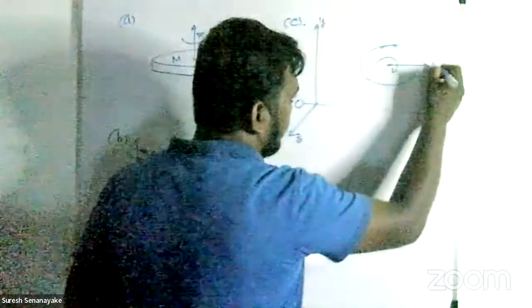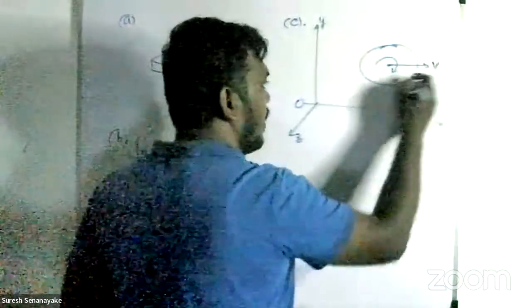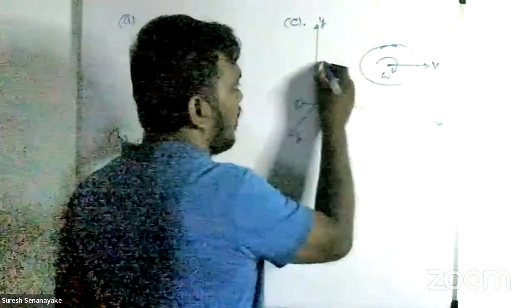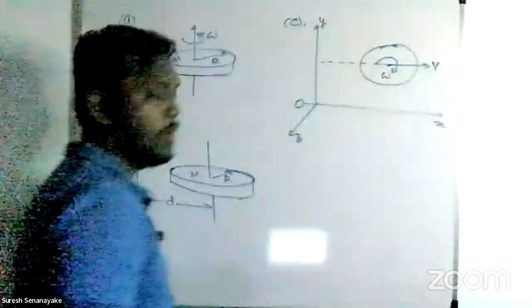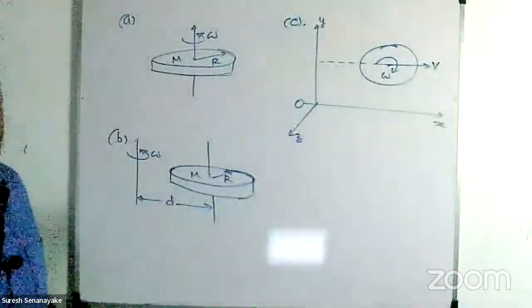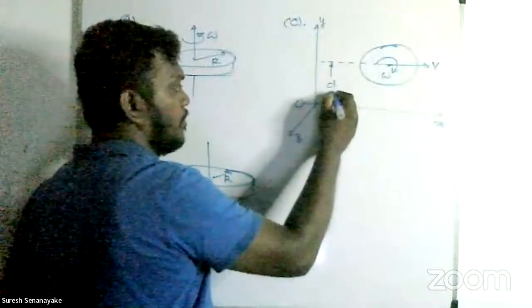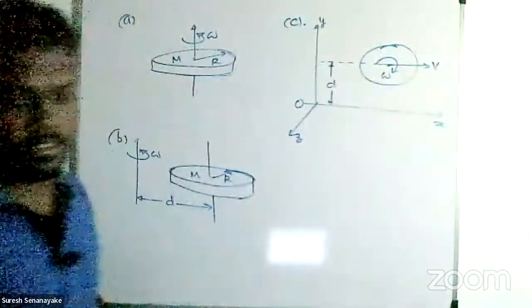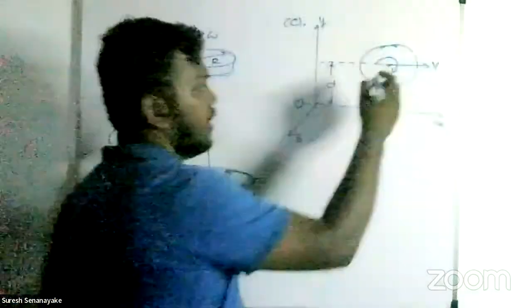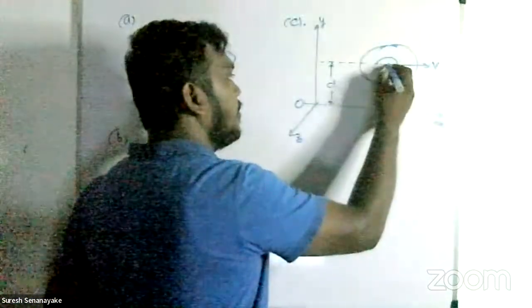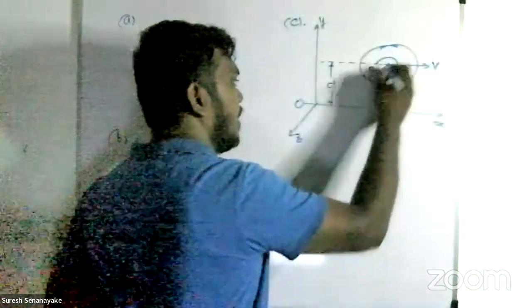The translational motion has velocity v, and omega is there. The perpendicular distance from the axis to the center of mass is d. This is the same disk, the radius is r and the mass is m.